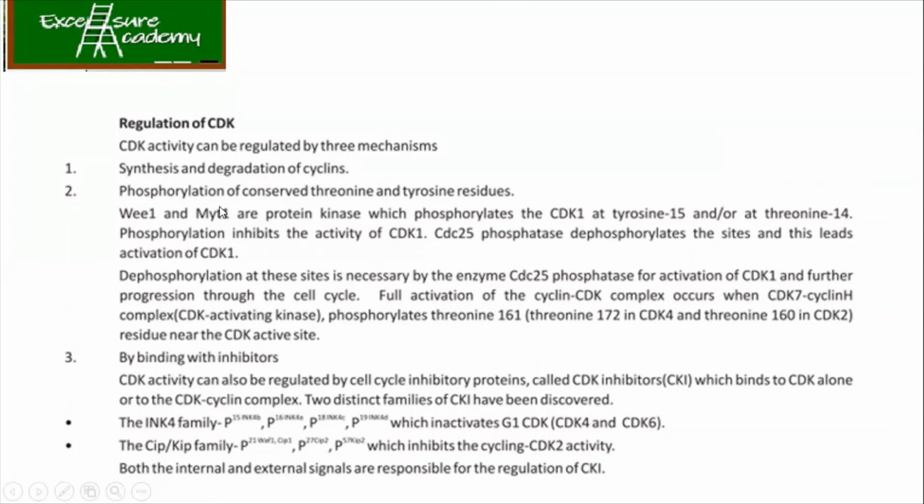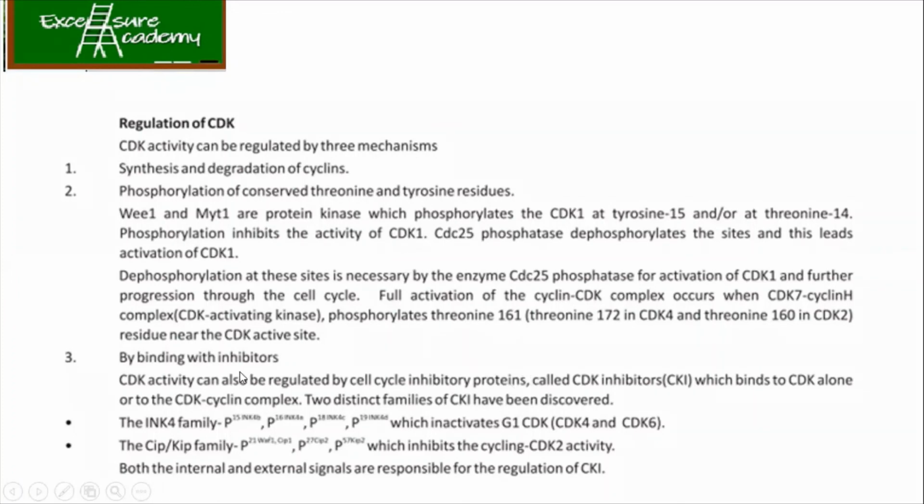For phosphorylation, you have seen that Wee1 and Myt1 proteins will phosphorylate. Tyrosine 15, threonine 14, and threonine 161 are the places where it gets activated or inactivated by phosphorylation. Then we have CDC25 phosphatase, which will dephosphorylate these sites and activate. If CDC25 is not activated, then the CDK remains inactive.